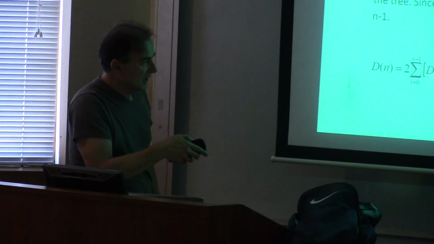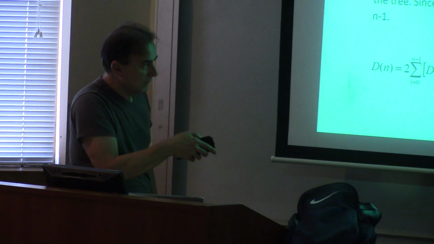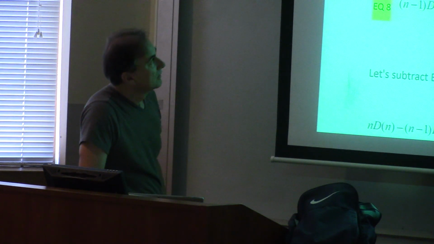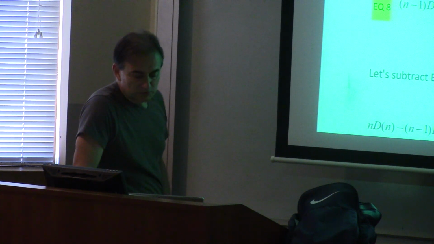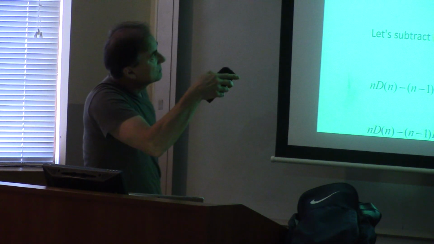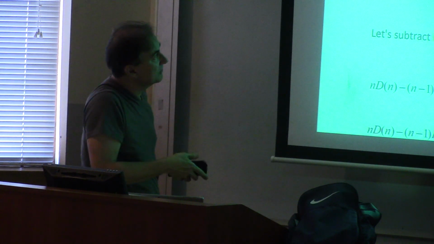So it's going to be d of i twice, from 0 to n minus 1, divided by n for equal weighting, and then add all of the extra depths. And then we're going to get this equation. We're going to now multiply this equation by n. Let's multiply both sides by n. This already had an n in it, so it disappears. This didn't have an n, so it appears.